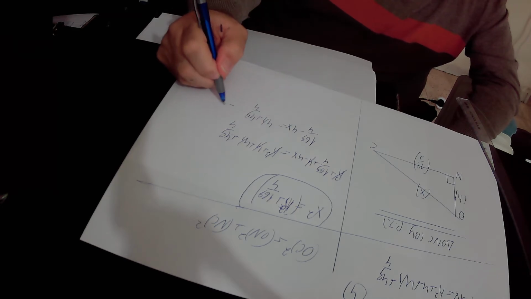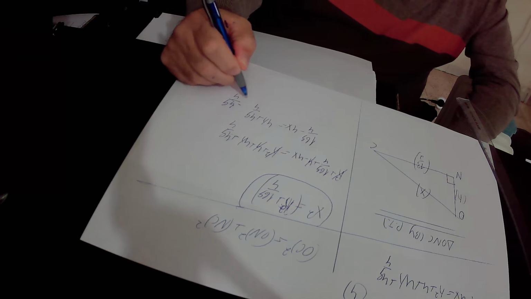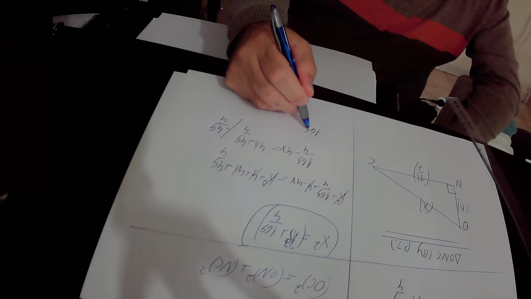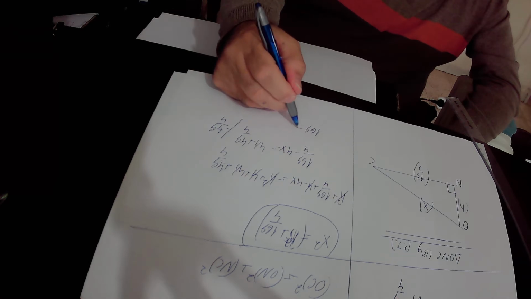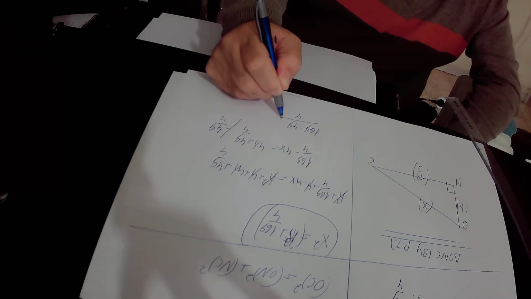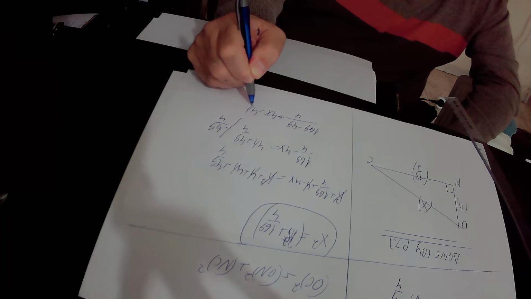We subtract 49 over 4 from this equation, and you get that 169 minus 49 over 4 minus 4x equals 4h.